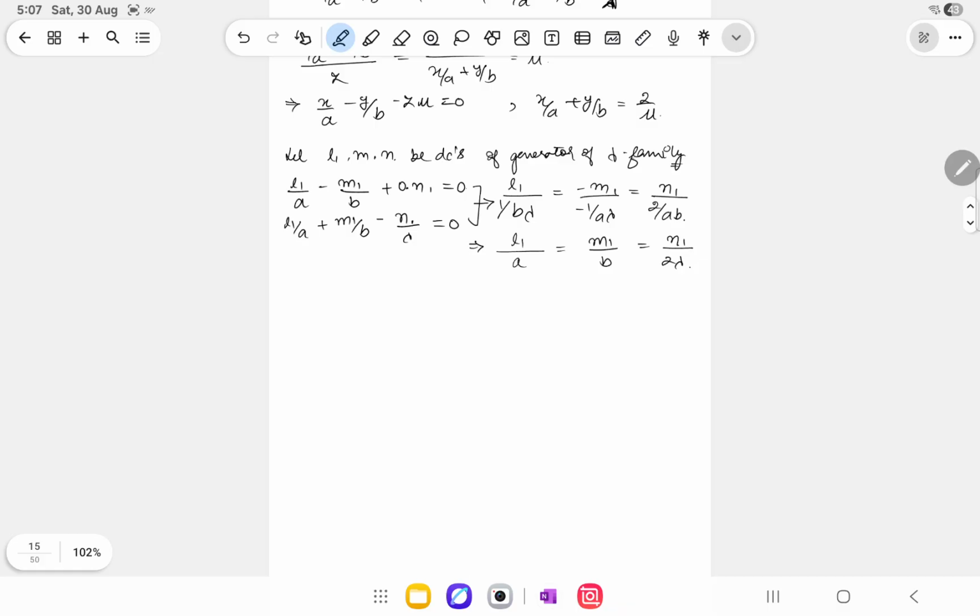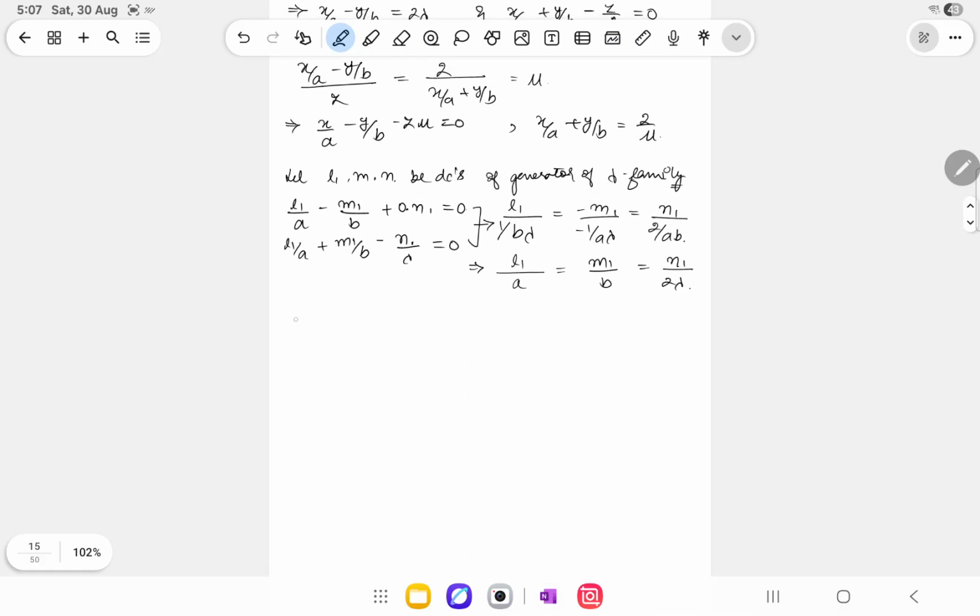Likewise, I can assume that l2, m2, n2 are direction cosines of the generator of the mu family. So if that's the case, the normals to these planes will be perpendicular to the direction cosines of this generator line.